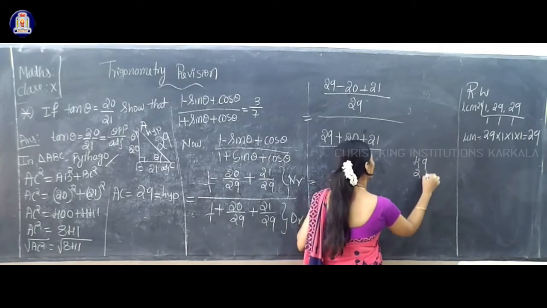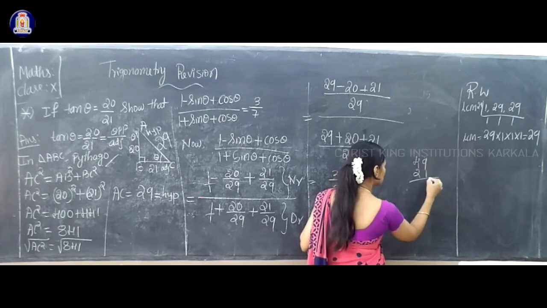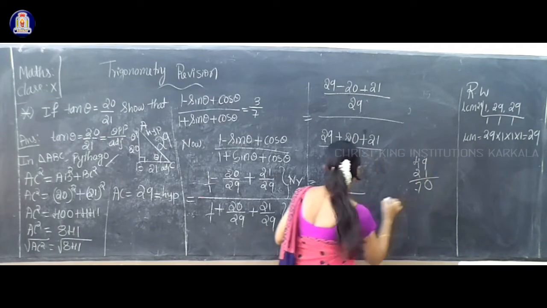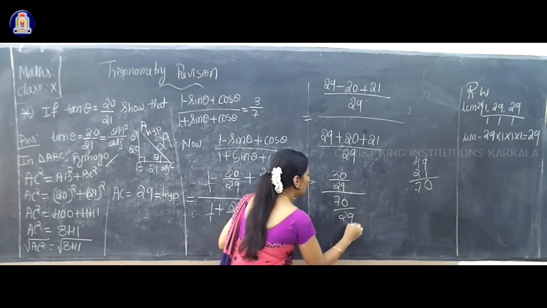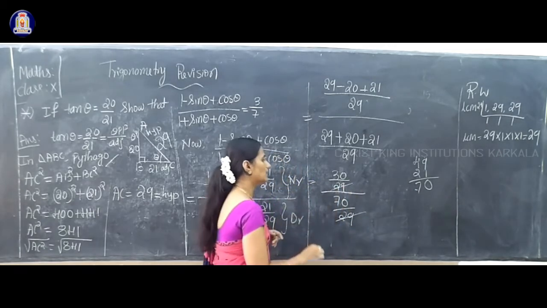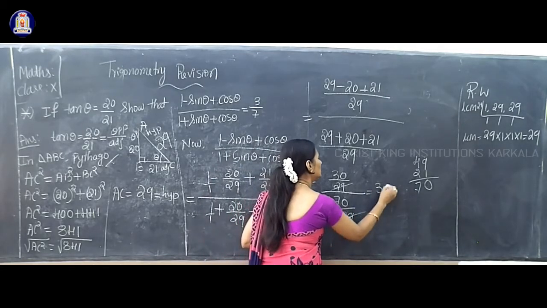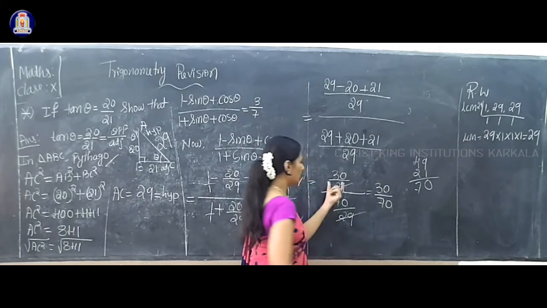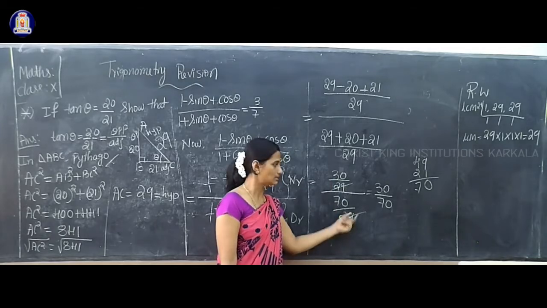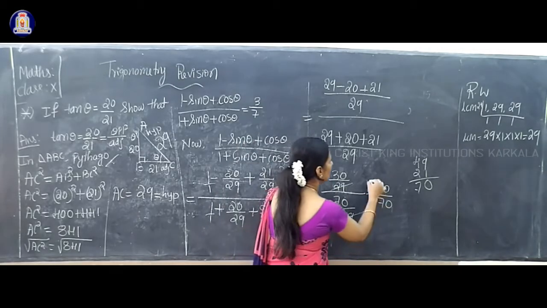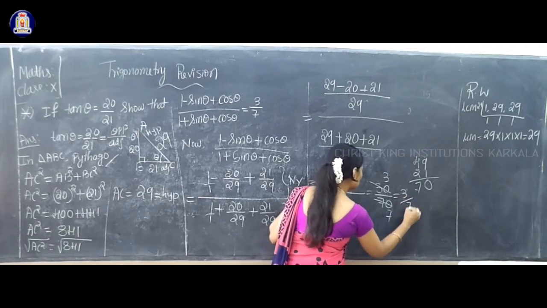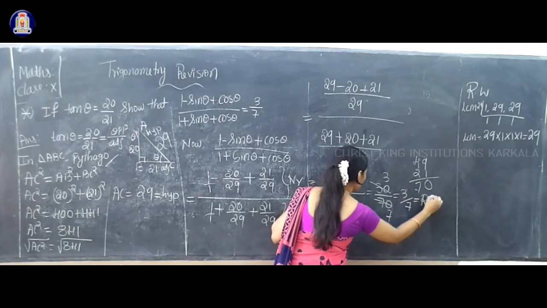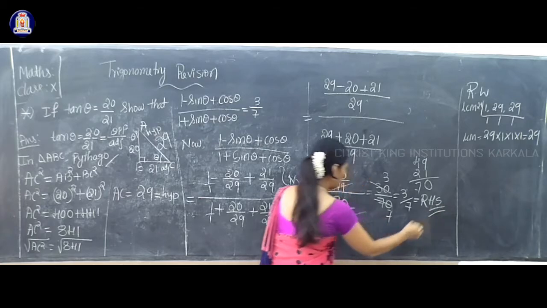How much is it? 70 divided by 29. So 29, 29 cancel. What is left here? 30 divided by 70. Denominator cancels. 30 divided by 70, 10 3s are 30, 10 7s are 70, the answer is 3 by 7, which is equal to the RHS side.